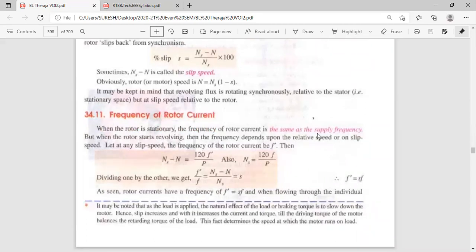F is the supply frequency, the frequency of the supply voltage we are giving. S is the slip. F dash is the frequency of the rotor current when the rotor is rotating. Write down this formula: F dash is equal to SF.